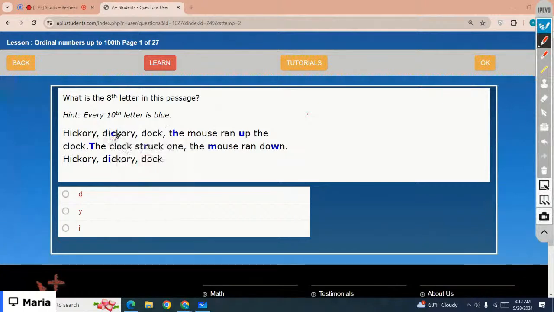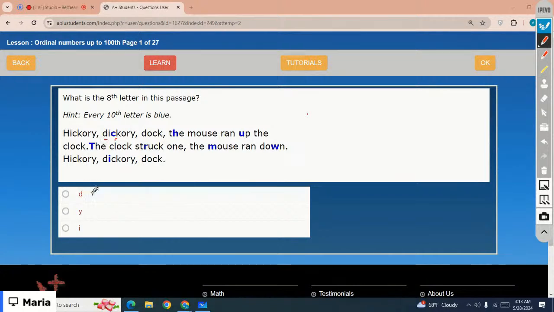So then the eighth one is the correct option D. D is the eighth letter.